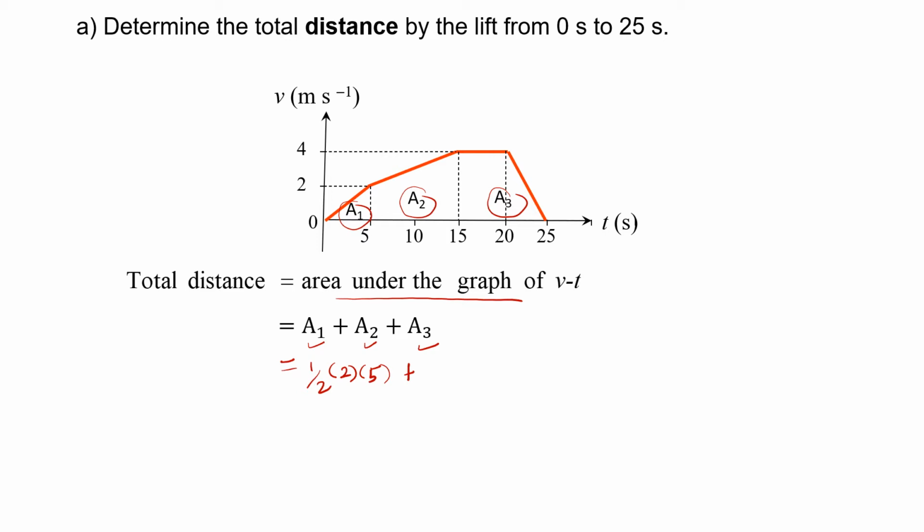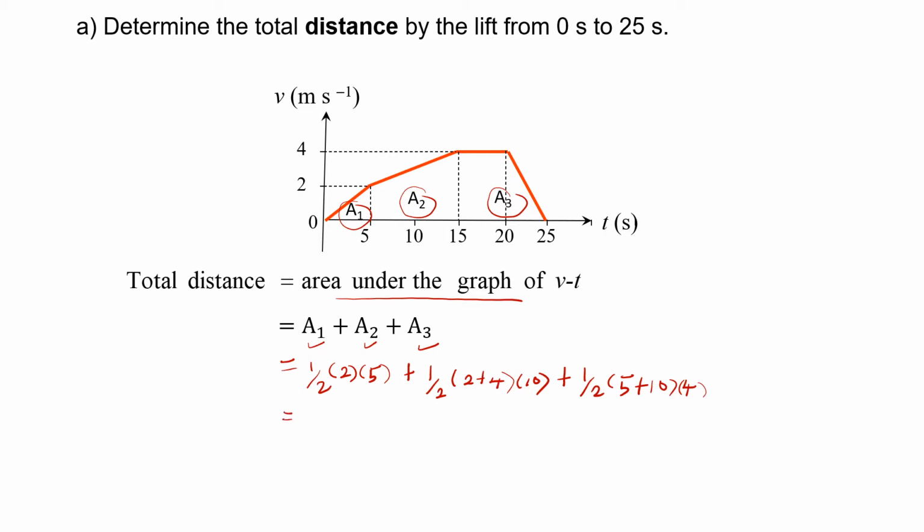Area A2: 1/2 multiply 2 plus 4 multiply 10, and area 3: 1/2 multiply 5 plus 5 plus 10 multiply 4.